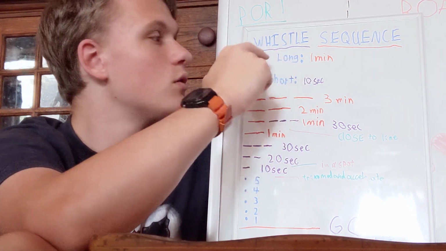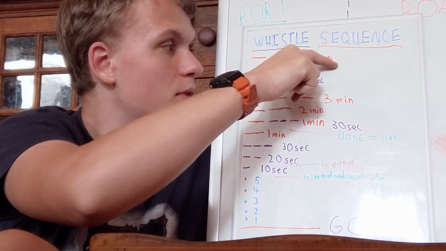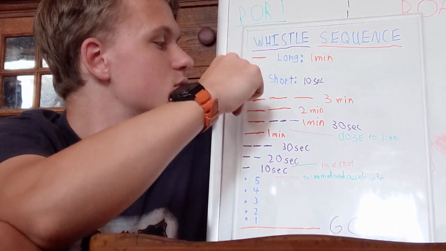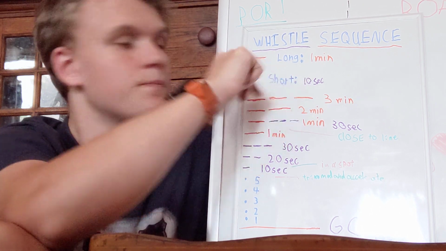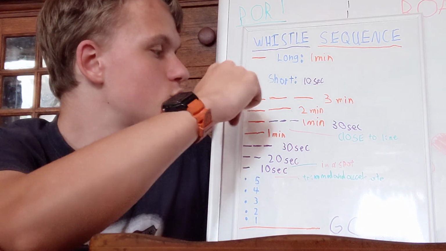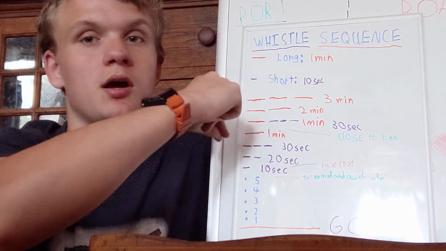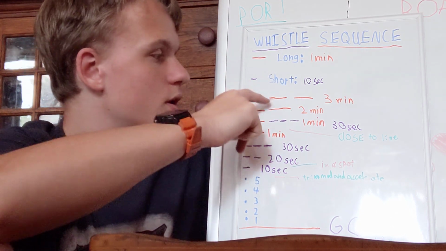Long whistles, which are indicated with orange on this diagram, signify 1 minute. And short whistles, which are purple, signify 10 seconds. So when they first start the race, they'll usually give you 3 minutes to be prepared and start the race. So they'll signify that by doing 3 long whistles.